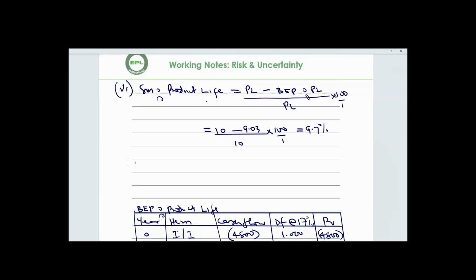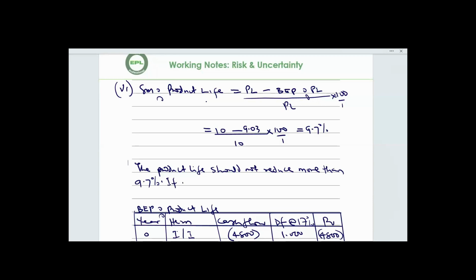Put it down. The product life should not reduce, let me use another word, should not reduce more than 9.7%.